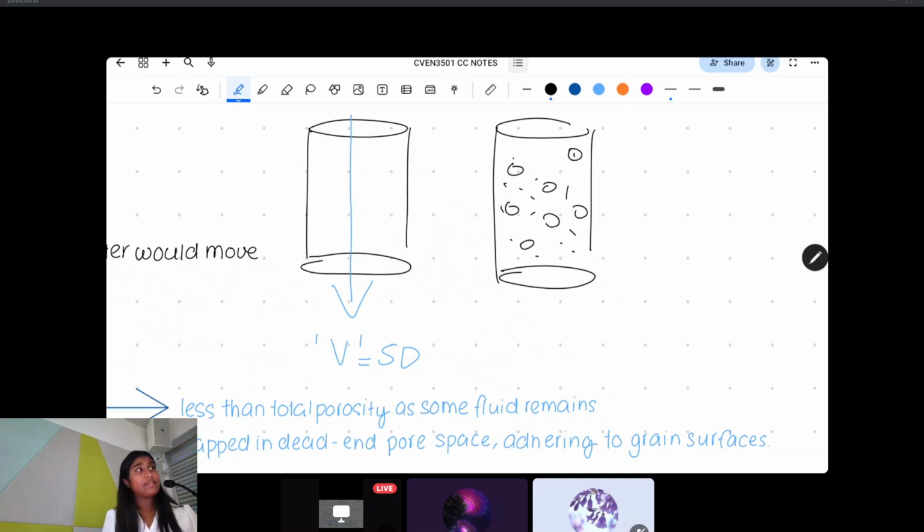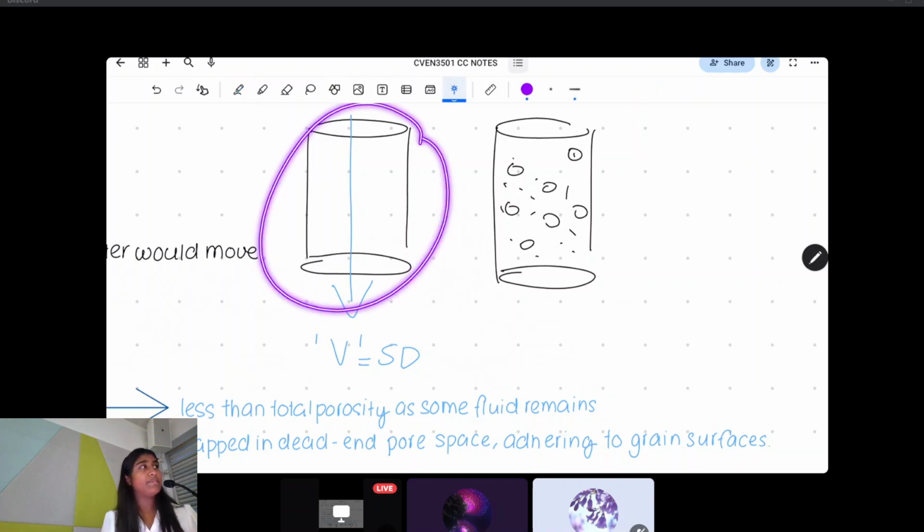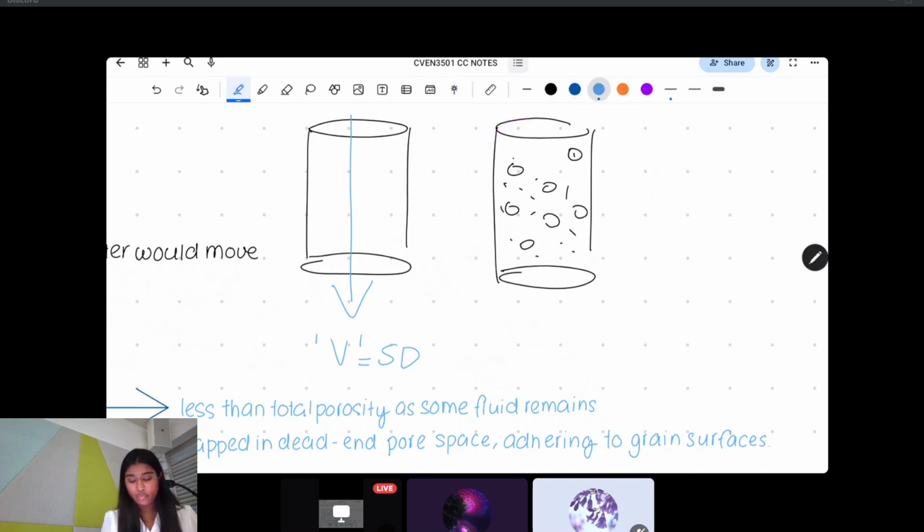So obviously the amount of open space in this conduit is not equal to the open space in this conduit, right? So water's flowing through both of them, but it just has less open space to use, essentially, right?